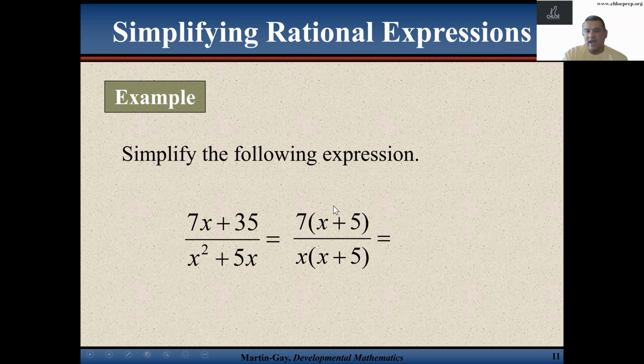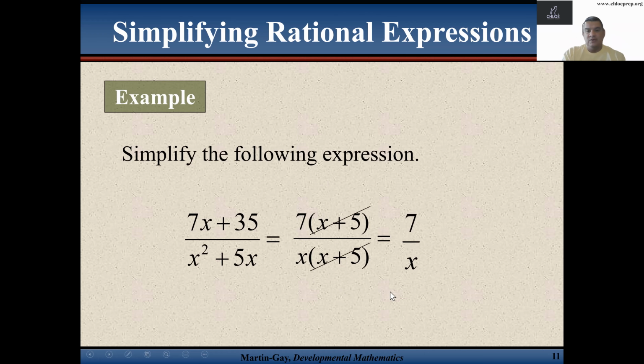Now I have these two x plus 5s. I can get rid of those. Those cancel out. So now I'm just left with, ooh, I forgot this had animations in it. Now I'm just left with 7 over x, which is a lot easier to understand and see.